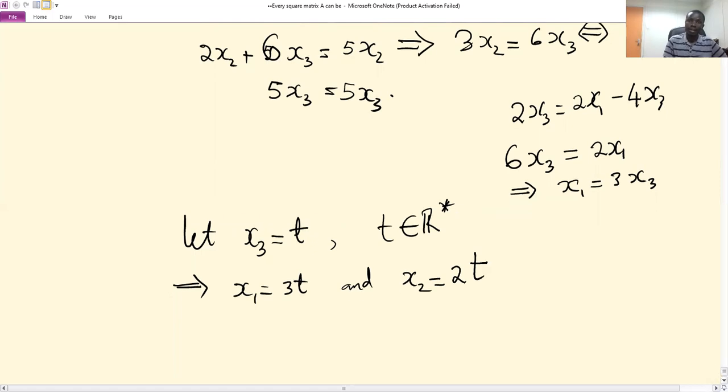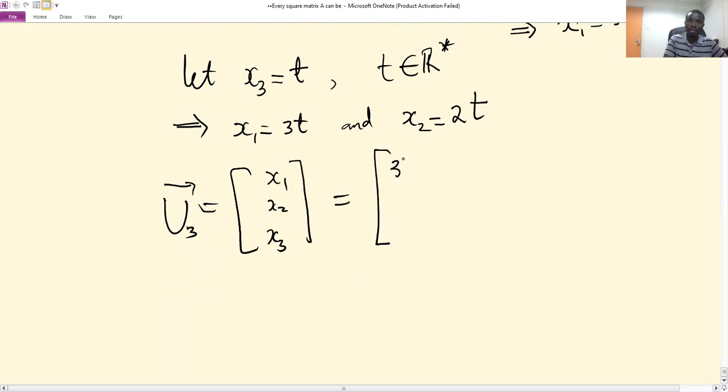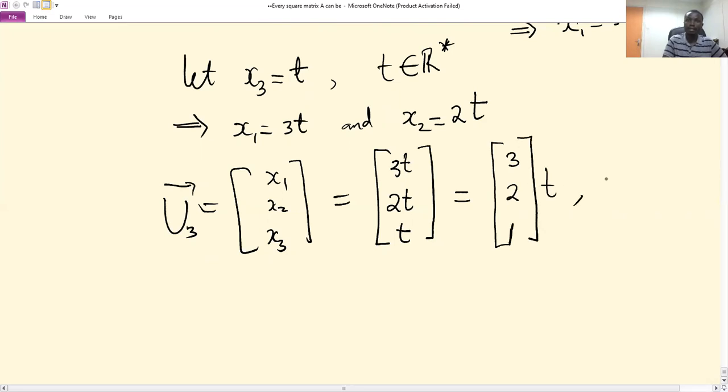So that our vector u3 is x1, x2, x3. Where there's x1, you put 3t. Where there's x2, you put 2t. Where there's x3, you put t. So factor out t: 3, 2, 1, and then t. This t is any non-zero real number.